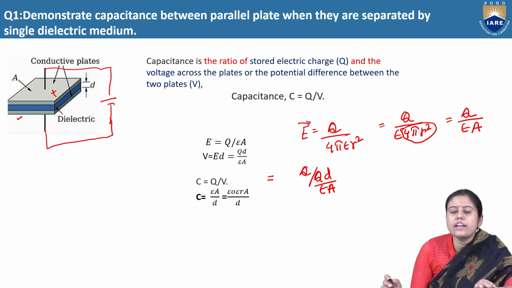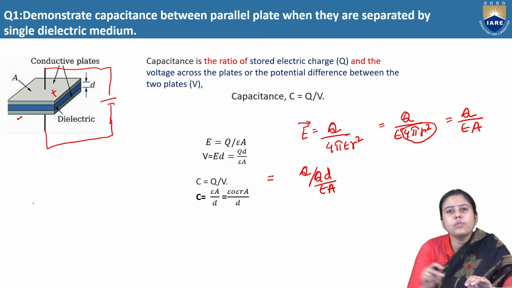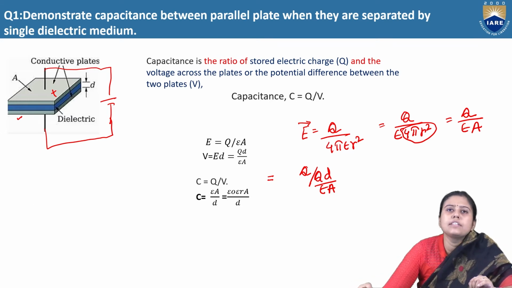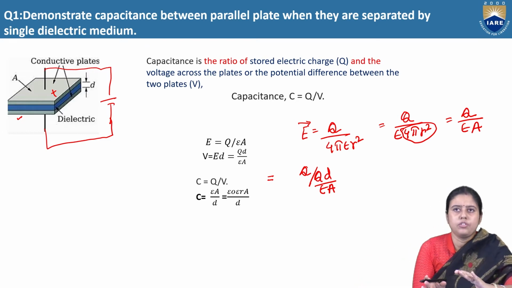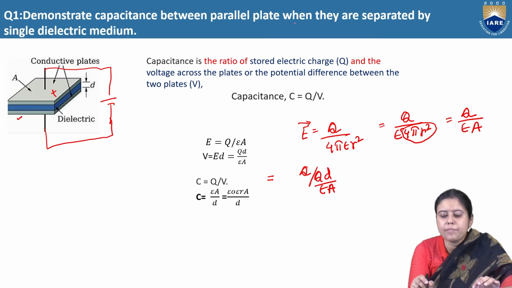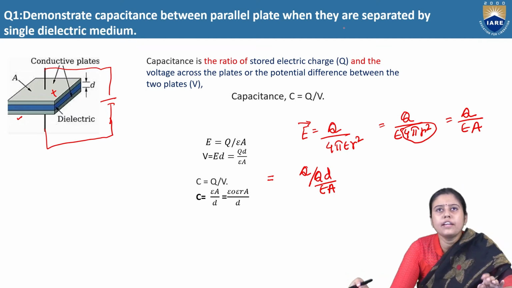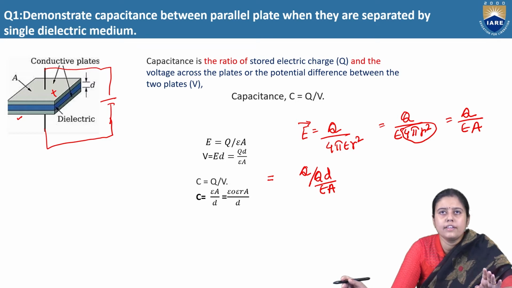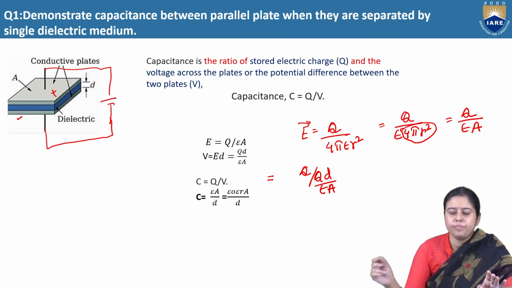If instead of one dielectric we have two dielectrics, then we can think that two capacitors are in series connection. Same question, but a little different: instead of a single capacitance, if there are two capacitances, two dielectric media, what will happen?